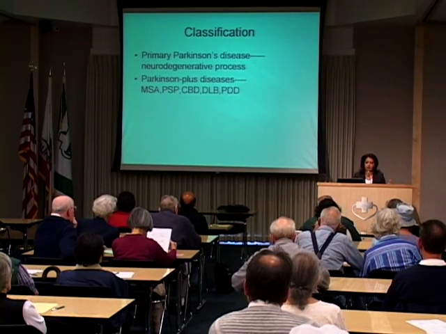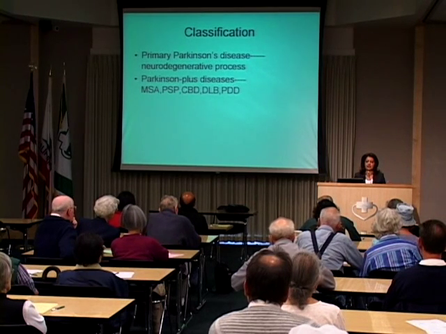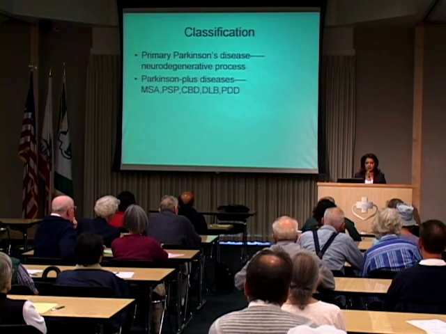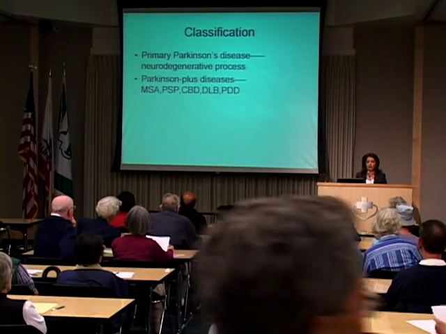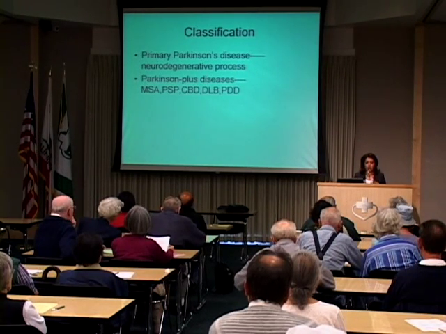There are other diseases in which a patient can have Parkinson's disease, but they also have other symptoms. I have listed them. MSA stands for multi-system atrophy. So not only the cells which produce dopamine are affected, but other cells in the brain are also affected, and the patient is going to have symptoms of Parkinson's as well as other symptoms, such as difficulty with cognition and memory.